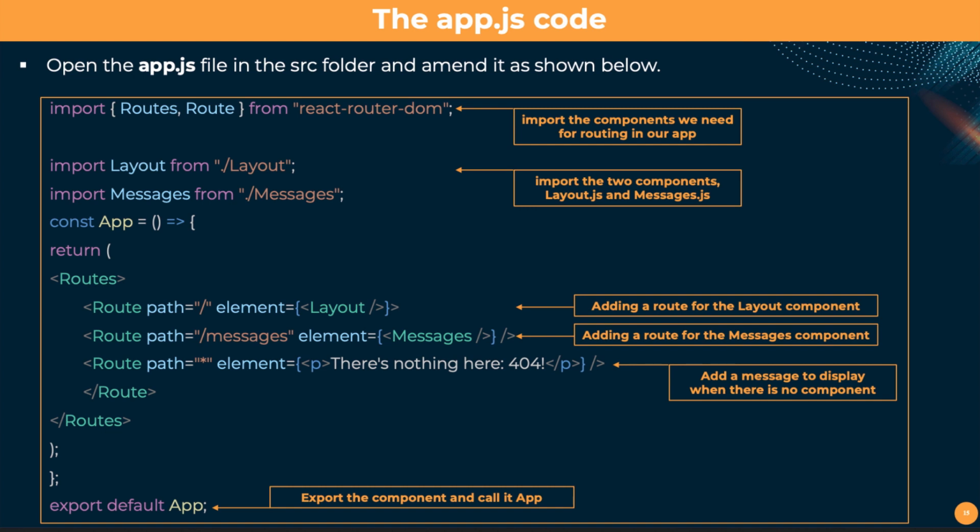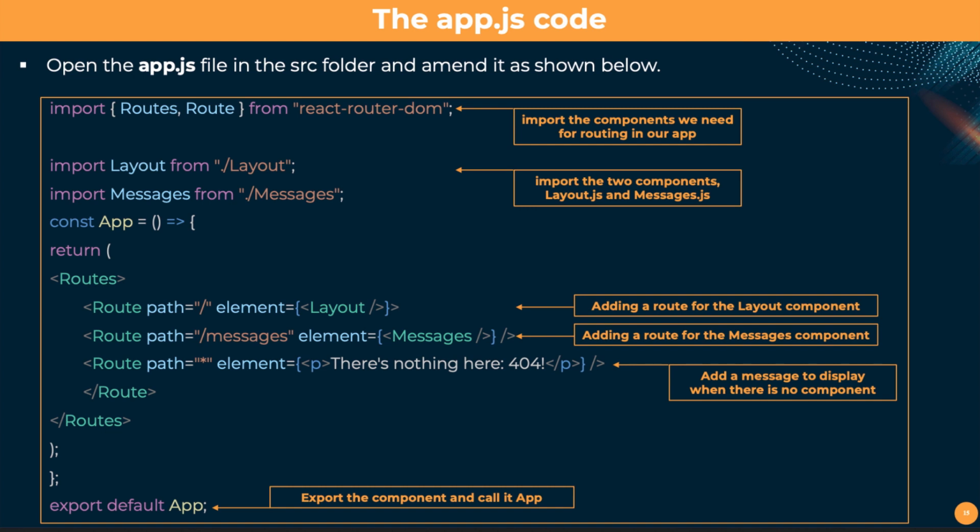In other words, it's in the same directory. We can move all of this later on. Then we're going to import messages, and messages once again is a component. So it's going to be a messages.js file, and then it's going to export it as messages.